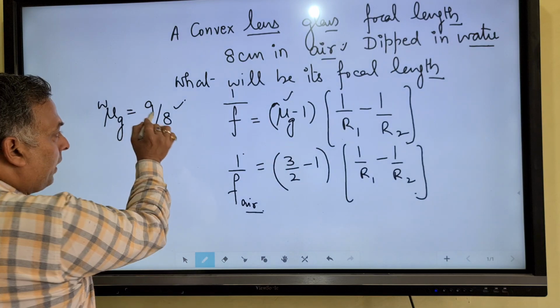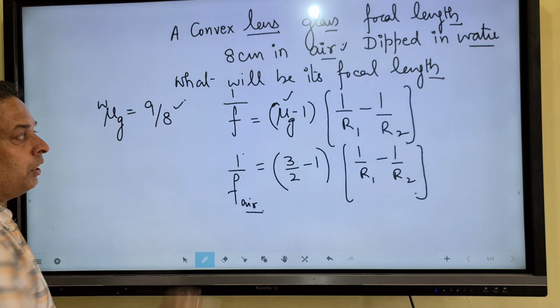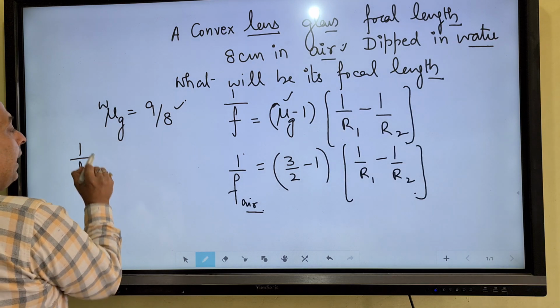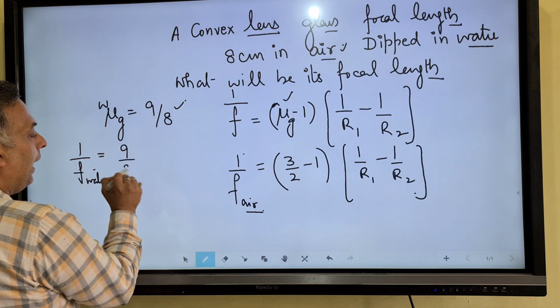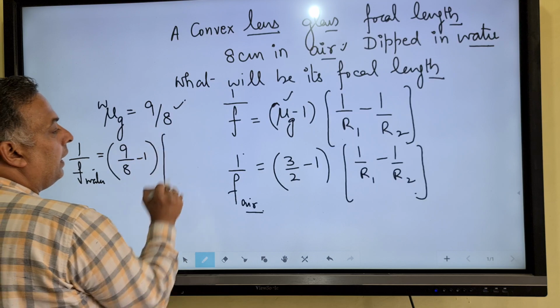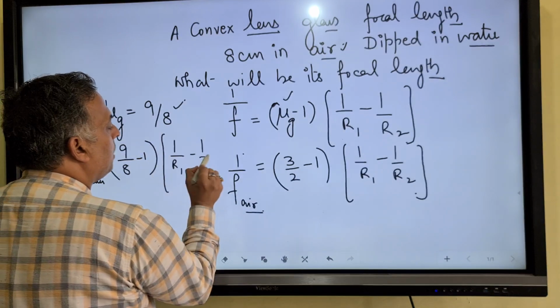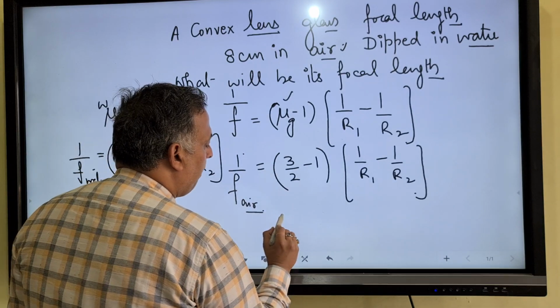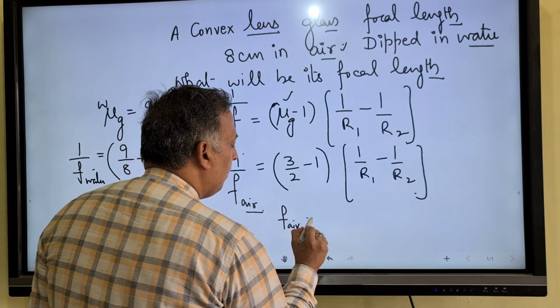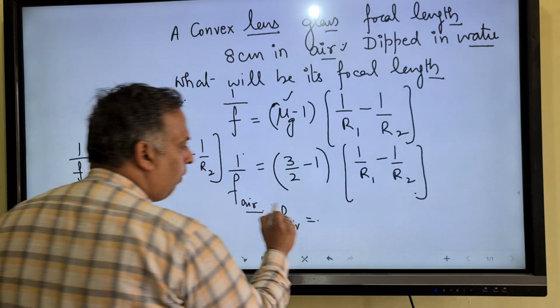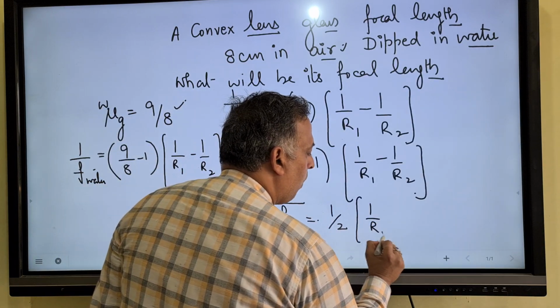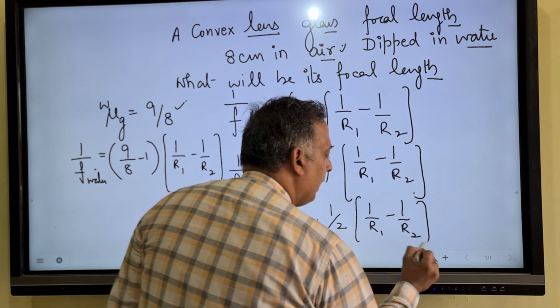So 1 by f in water is 9 by 8 minus 1 into 1 by r1 minus 1 by r2. In air, 1 by f was 1 by 2 into 1 by r1 minus 1 by r2.